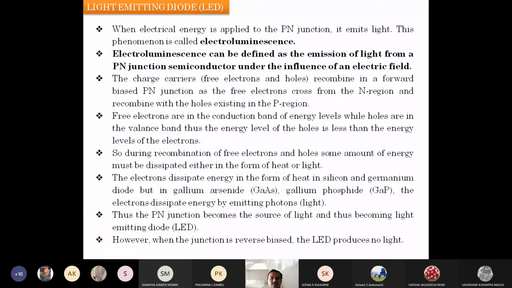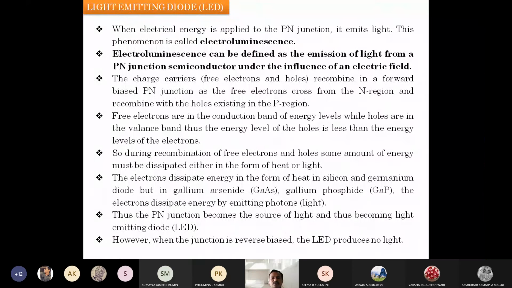Okay, so in silicon and germanium diodes, the electron movement dissipates energy in the form of heat. But the combination of gallium arsenide and gallium phosphide is going to produce light. So thus the PN junction becomes the source of light, becoming a light emitting diode.